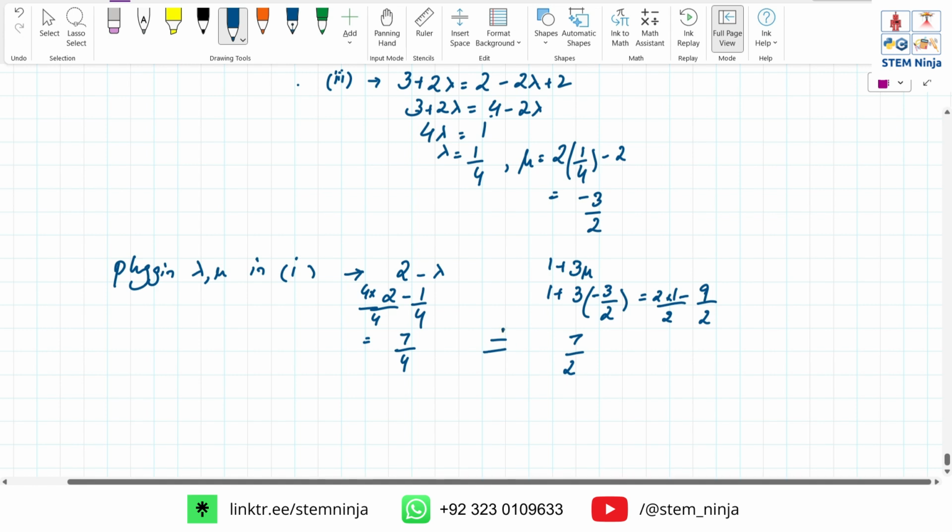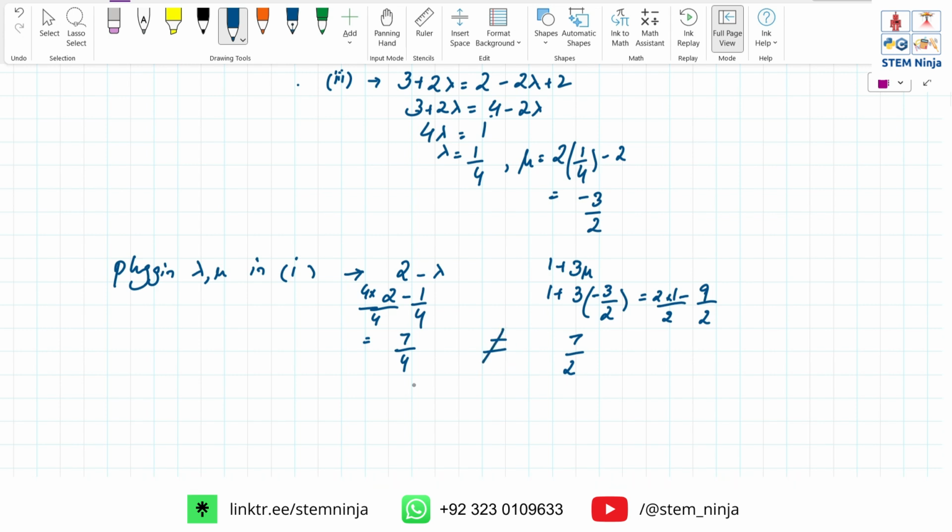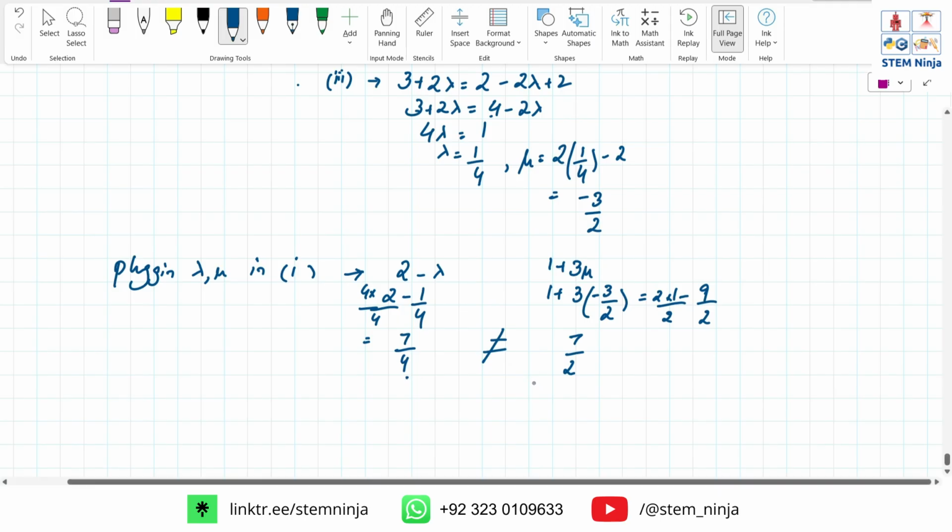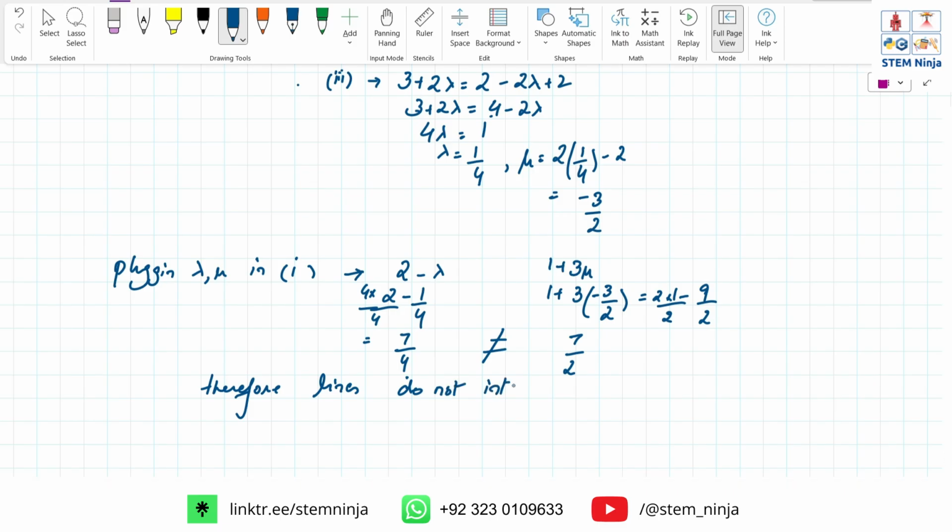So as you can see, these are not equal. Because of this 4 and the 2, they are not equal. Therefore, the lines do not intersect. If they were intersecting, the third component would match on both sides.